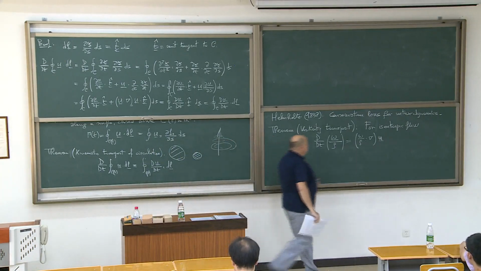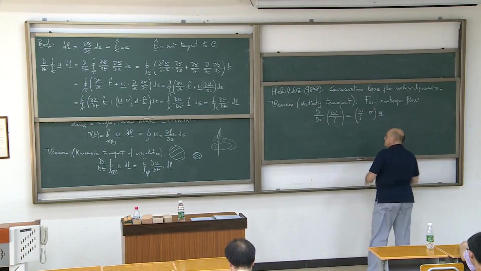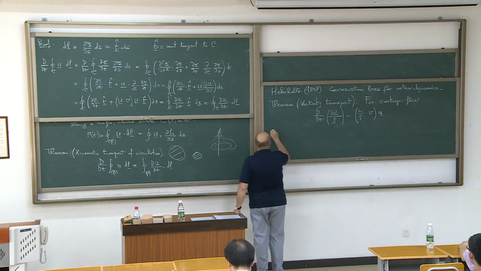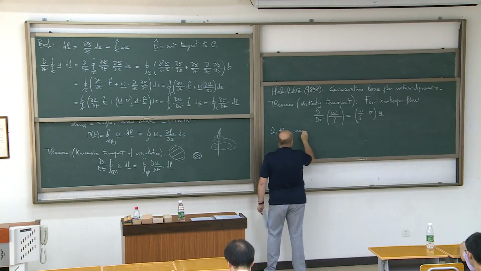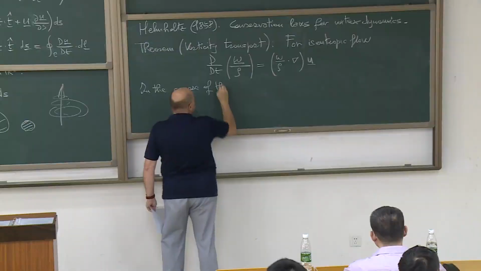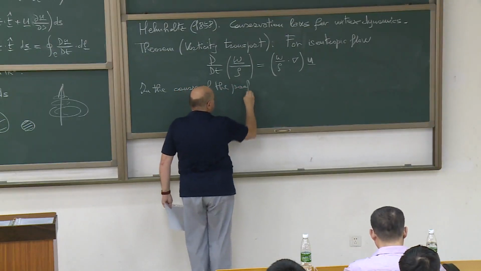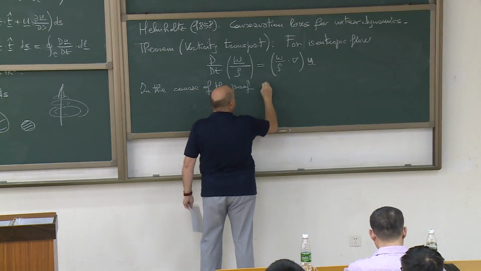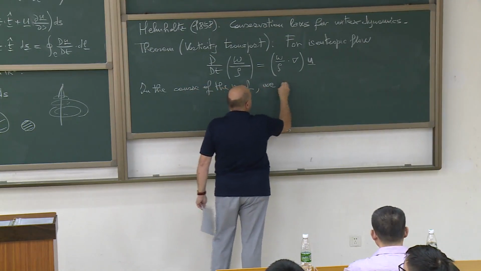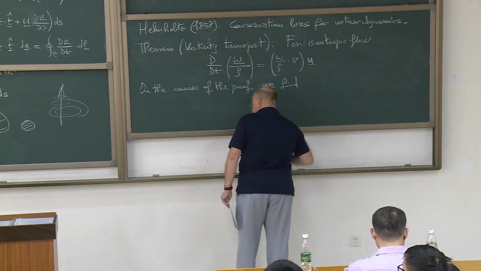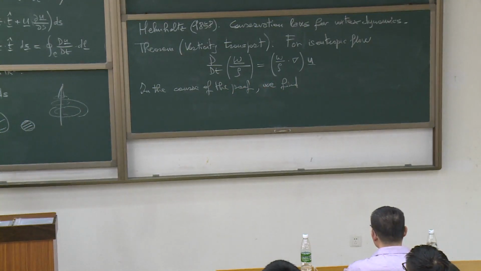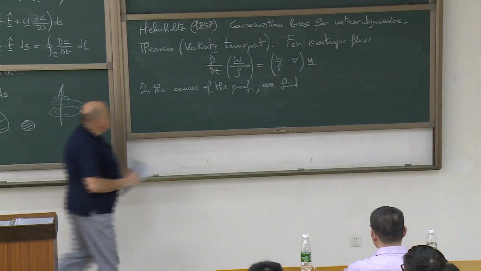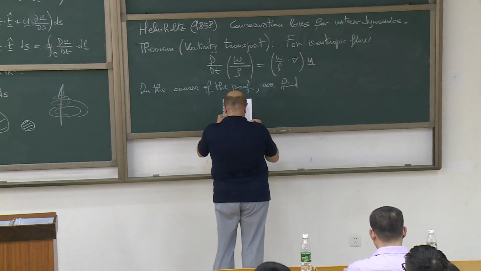Well, I have no time to prove this, but in the course of the proof, we find the following equation, and this equation is so nice and useful that I have to mention it.